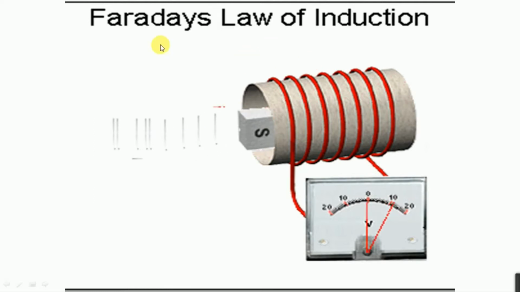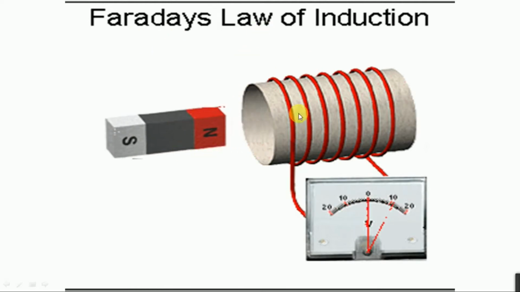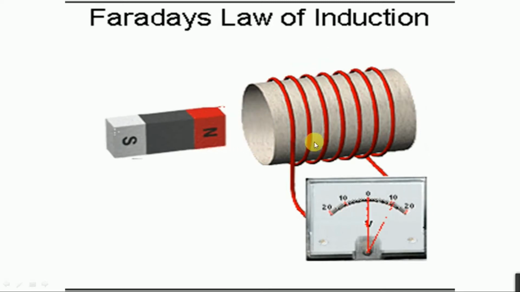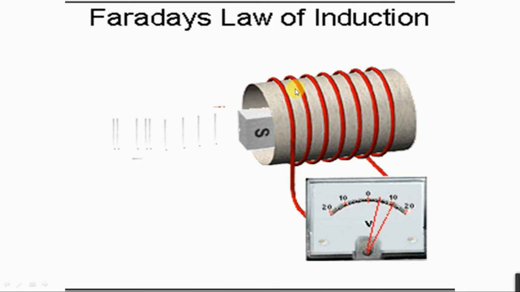From our previous video on Faraday's law, we know that when we change the magnetic flux through a loop, induced current is produced due to electromagnetic induction. The same thing happens when we change the magnetic flux through a solid metal. In this picture you can see there is a metallic block and we are moving the north pole towards the block.